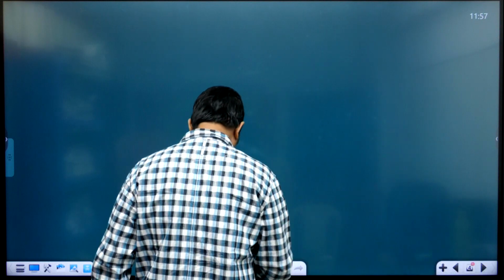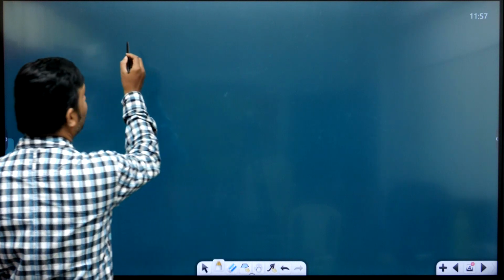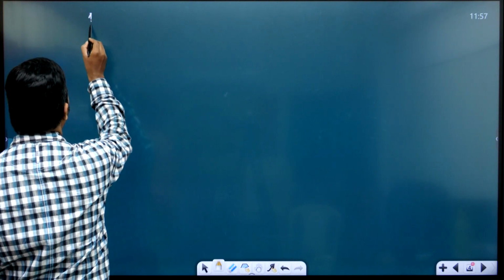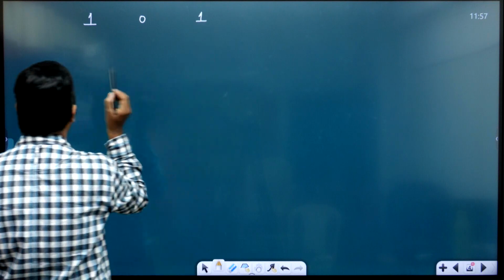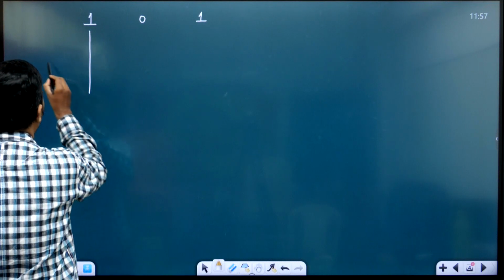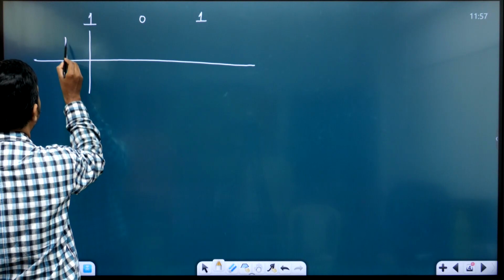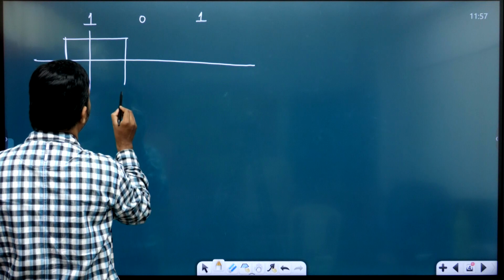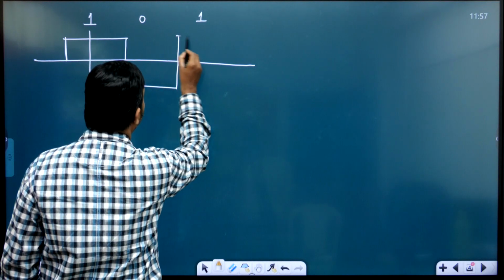Now assume that you are transmitting 101. How am I going to represent this 101? I will represent it like this: a rectangular pulse like this. For representation of 0, one more rectangular pulse.